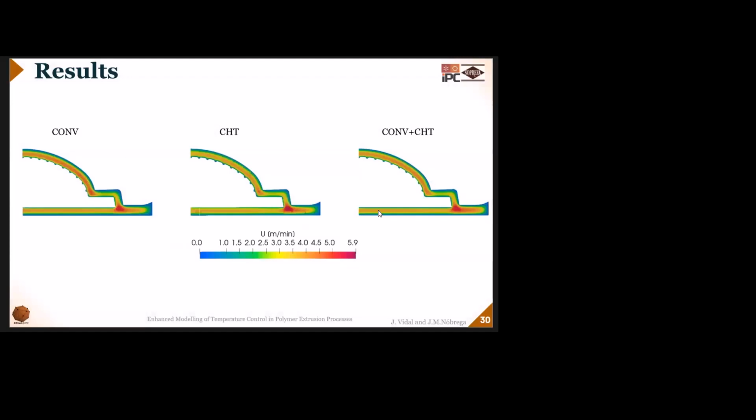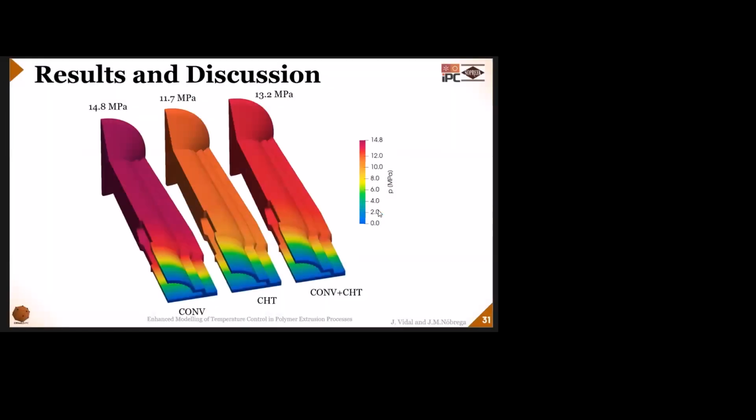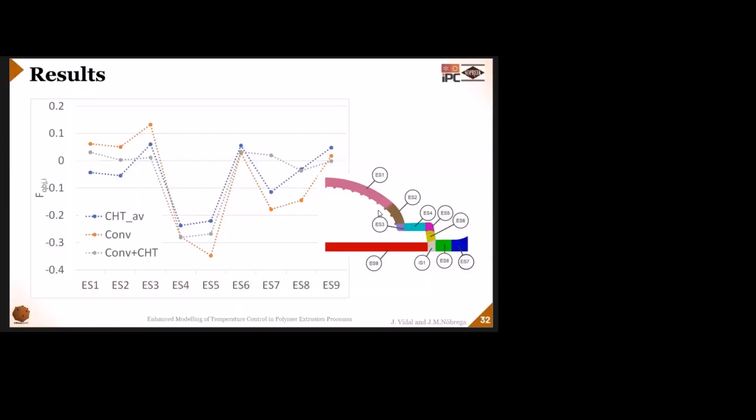For the velocity, we also can see some differences in some specific points that are the effect of the difference of the temperature at the walls. For the pressure, we didn't see it experimentally, but the results are more or less the same. The differences are not that big for the process itself.